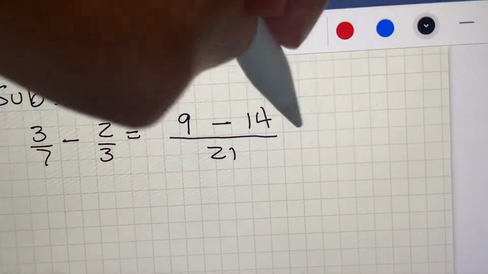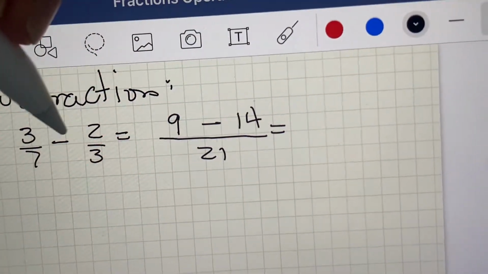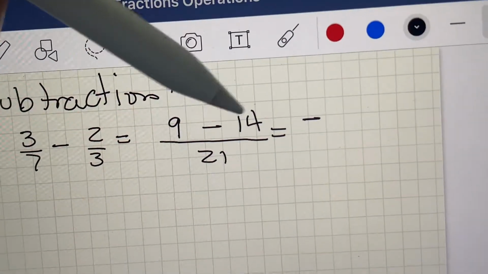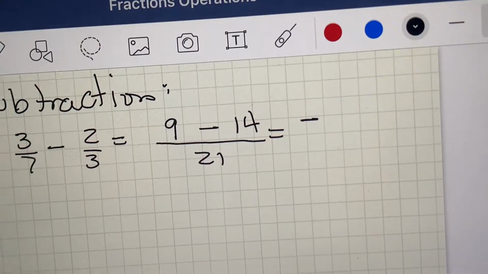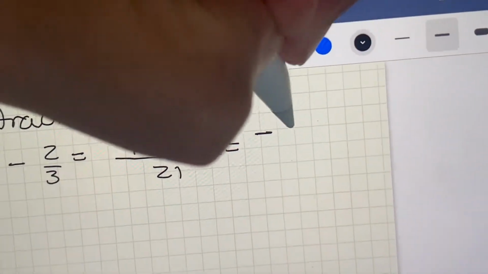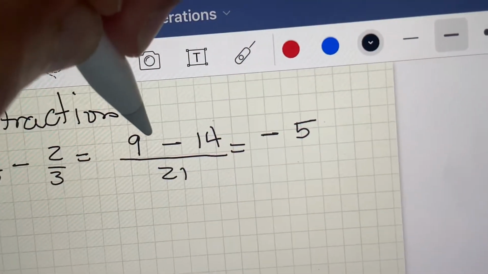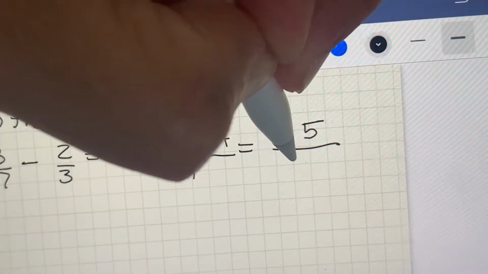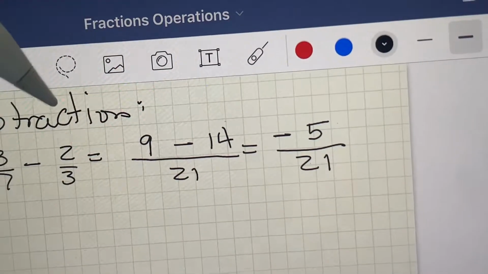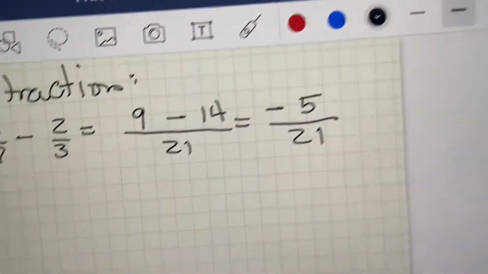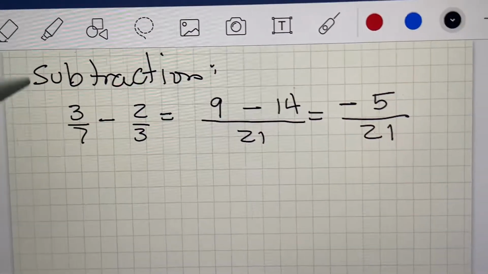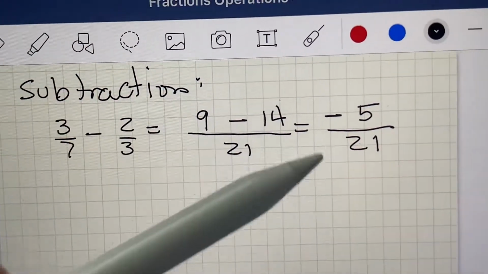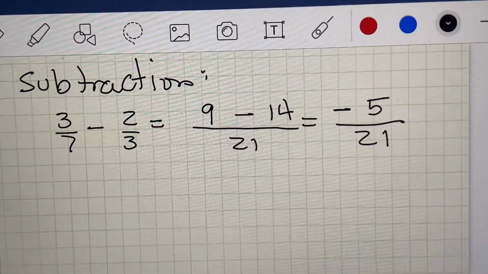Now that comes out to negative, because 14 is greater than 9 and it has a negative sign, 5 over 21. So if you take 2/3 from 3/7, then you have a negative 5 over 21.